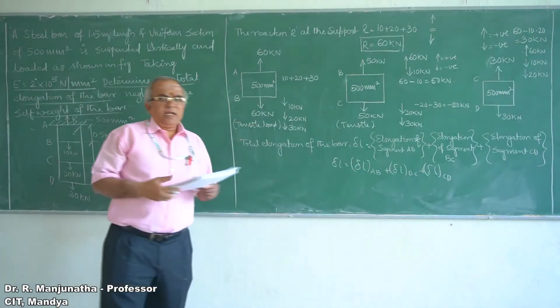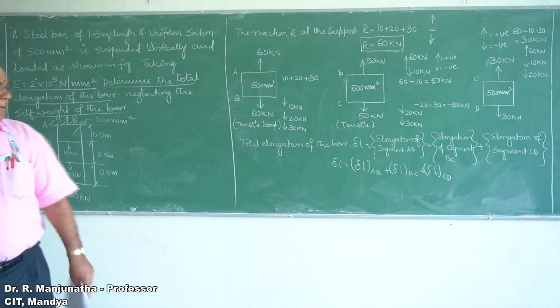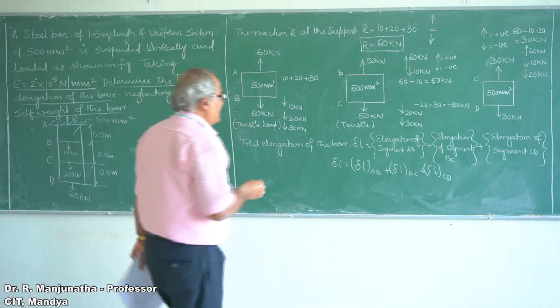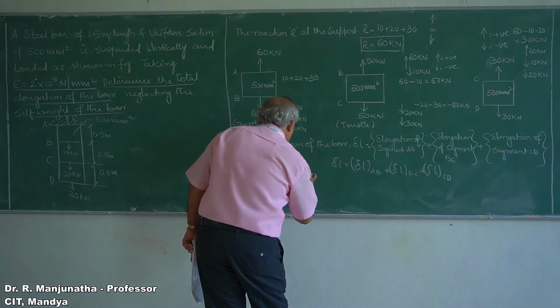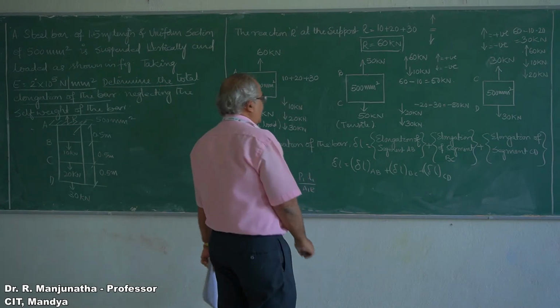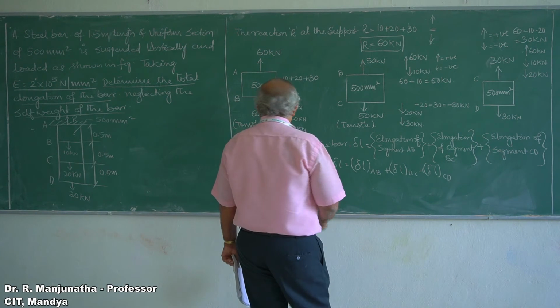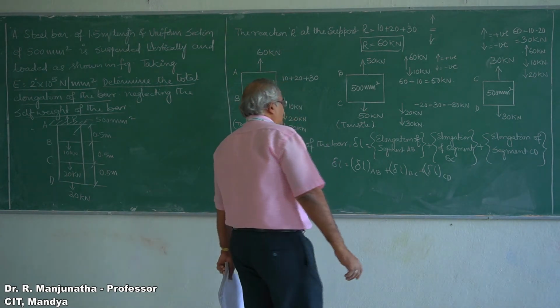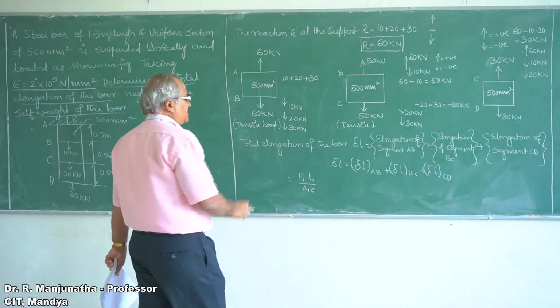So delta L AB is P1 into L1 by A1 into E. Because the material is the same, Young's modulus and the area of cross section are also the same, so we can consider it as AE itself.